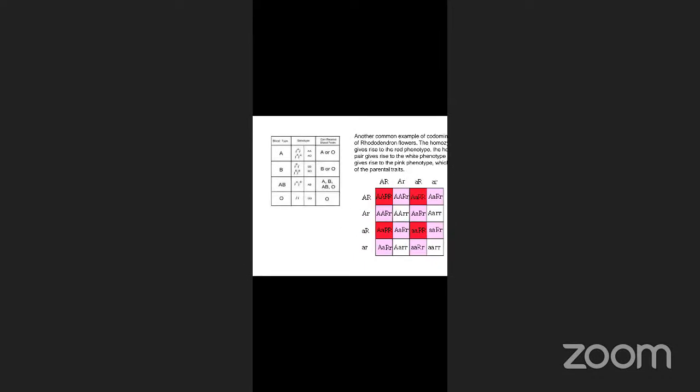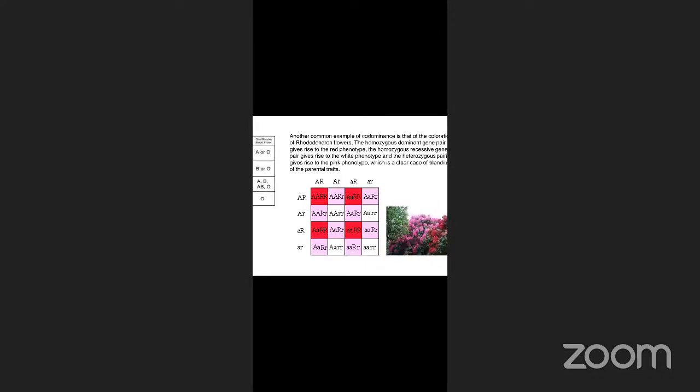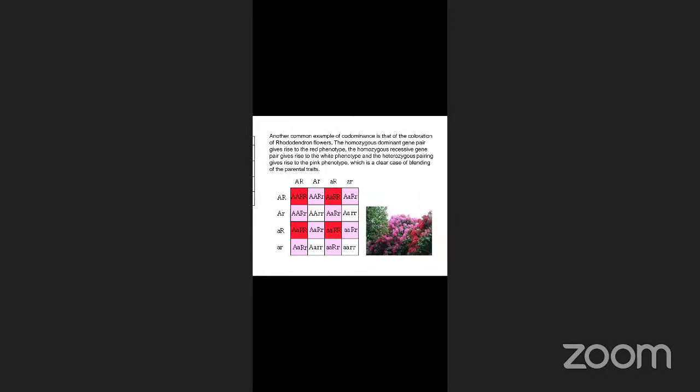And another example I will show you with the ratios, so that will be good. Here, another example, a dihybrid cross where codominance is that of the coloration of rhododendron flowers. The homozygous dominant gene pair gives rise to the red phenotype. That means both should be dominant, then only we will get the red color.